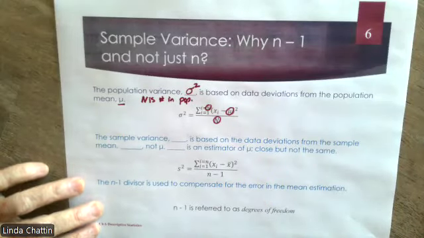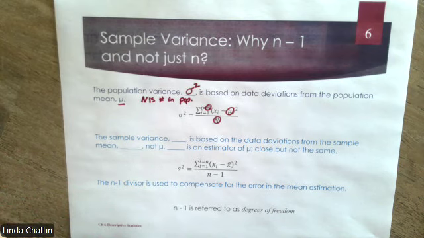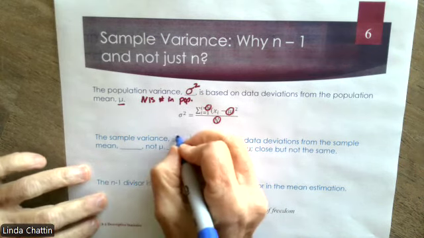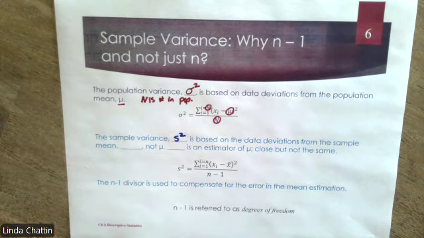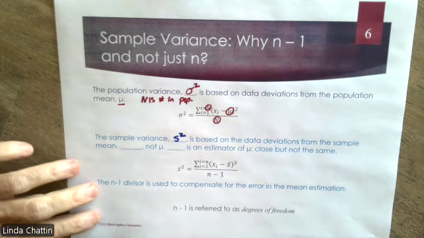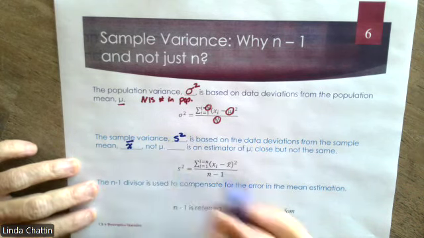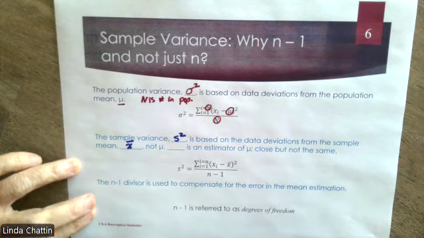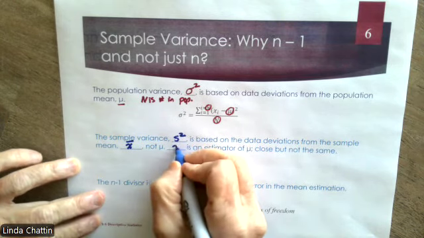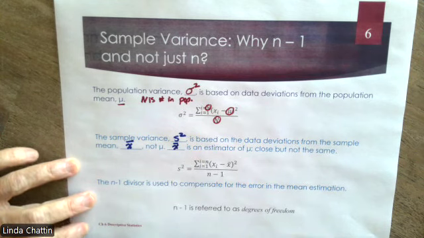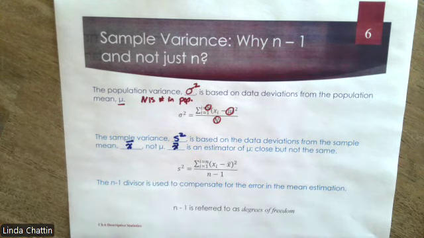Now the sample variance, which is S squared, is based on the data deviations from the sample mean, which is x bar, not on the population mean, mu. Remember that x bar is an estimator of mu. It's close, but it's not exactly the same.